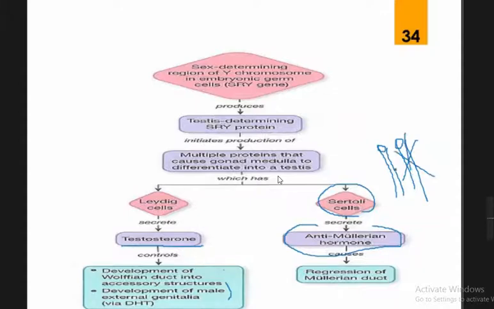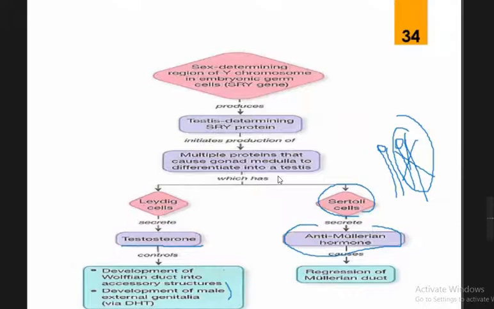And that is why in the male, the Müllerian duct keeps on regressing. Whereas in the female, because there is lack or absence of the Müllerian inhibition factor, the Müllerian duct continues to further develop, and it will give us the internal genitalia.